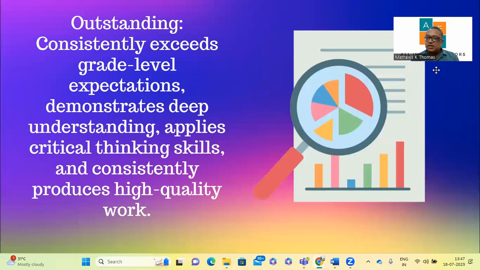And they are applying those skills in their real life. Critical thinking skills have been developed fully, and they are producing consistently high quality work, so that these students can be given outstanding, right? So outstanding or the corresponding grade, whichever, A or A plus.